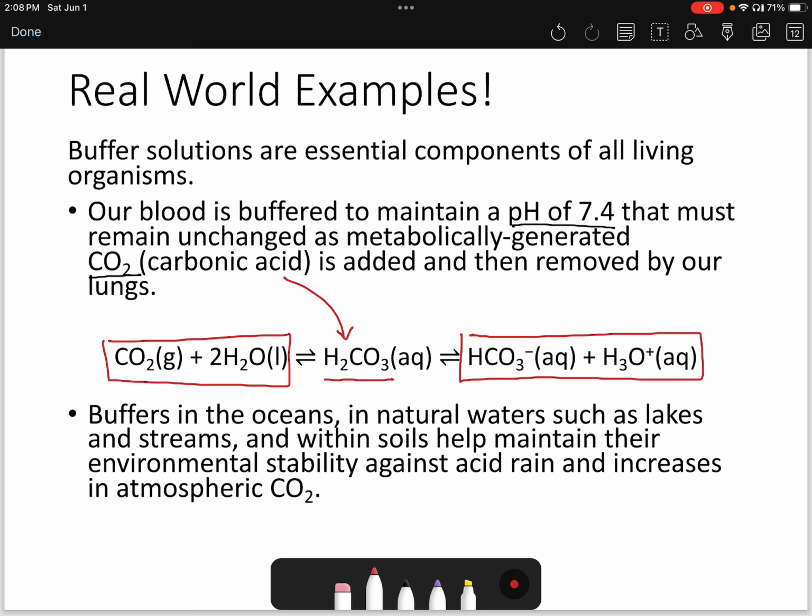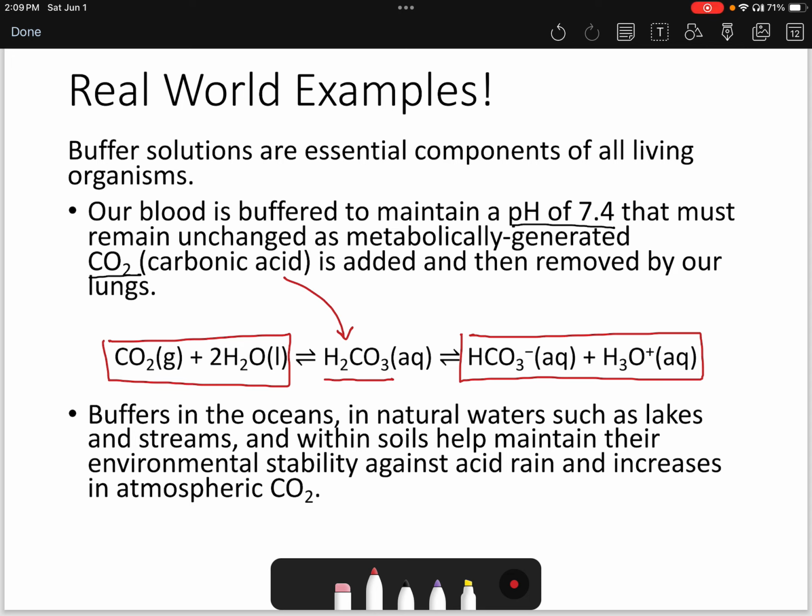Now, oceans also contain a buffer system, and that's in order to maintain their environmental stability against things like acid rain. But we talked about in our carbonates lab how we're producing CO2 at a really fast rate. So it's becoming more difficult for the ocean to buffer against the increasing acidity that it's experiencing as a result.